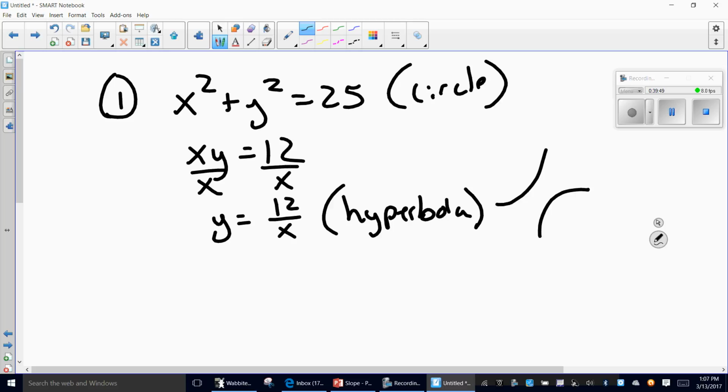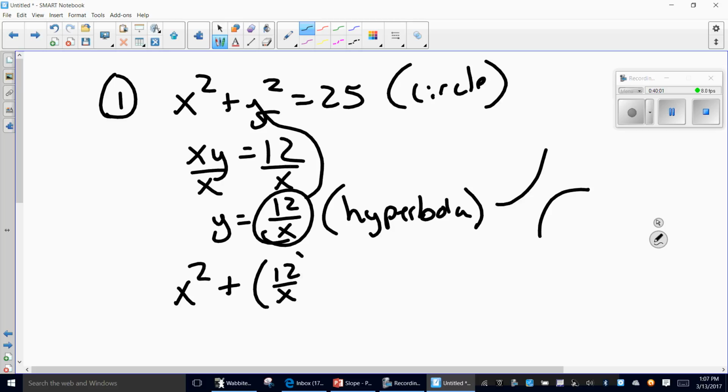All right, in order to substitute, we've got to have 1 and y equals. So I got this guy down here. What's y equal to? 12 over x. So I want you to go up top and plug in 12 over x into the y. Is this one where I should write it twice, or can I actually square the 12 and square the x?